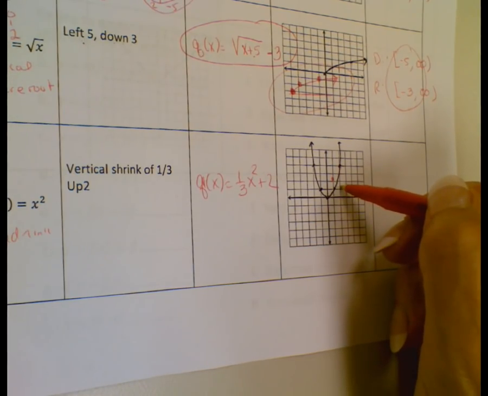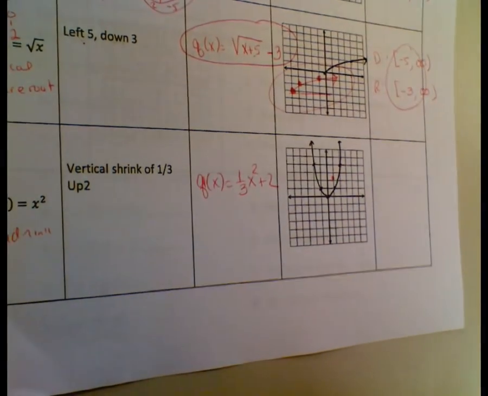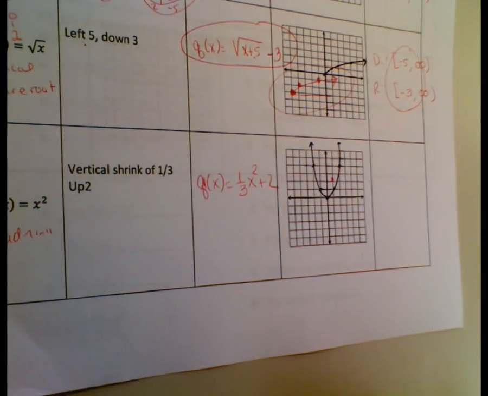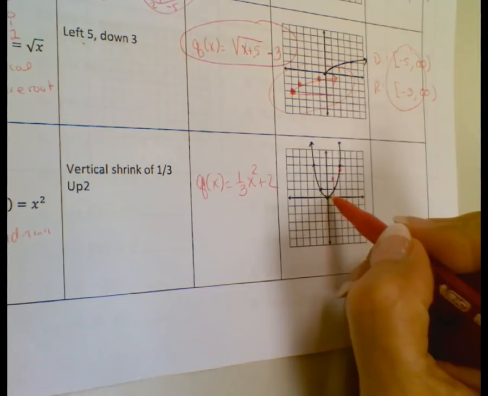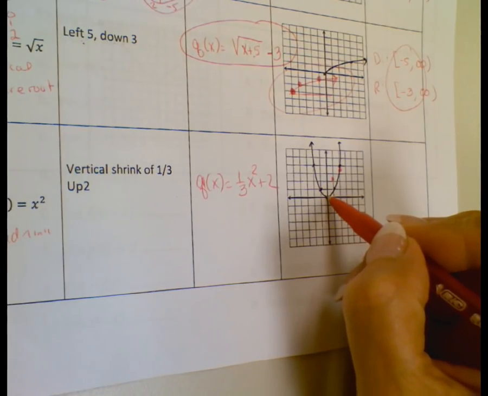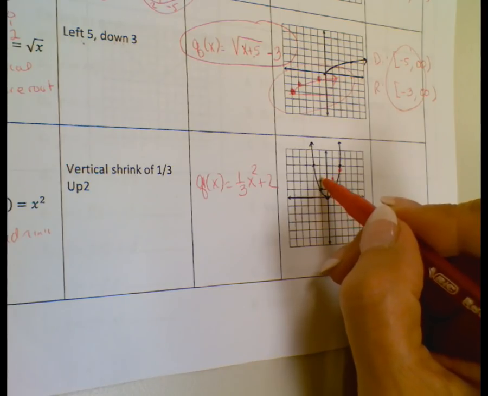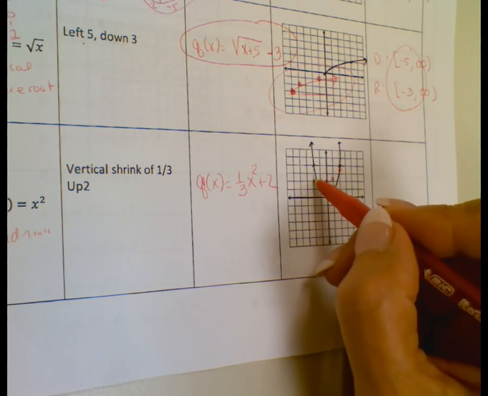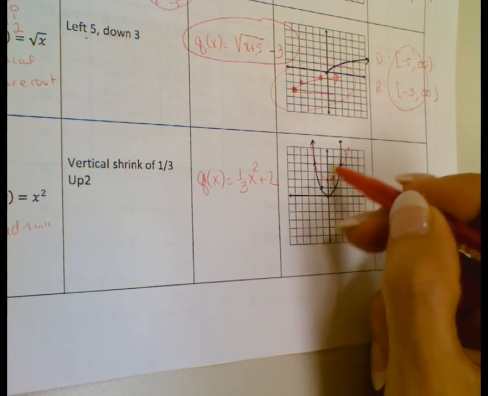But then you're going to go up 2 from there. 1, 2. Gosh, it doesn't seem like that's right. Oh, I know why. I haven't moved this one up yet. This one started at 0, so 1/3 of 0 is 0, but then you go up 2. So it's right there. So I'm just going to do some symmetry here for the other ones. And probably looks like this.